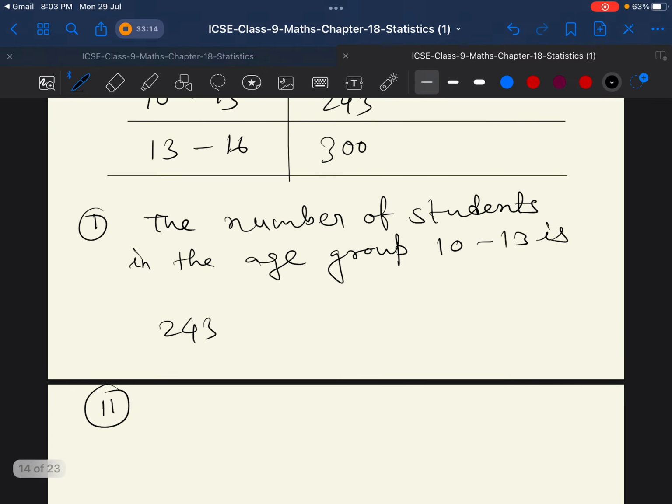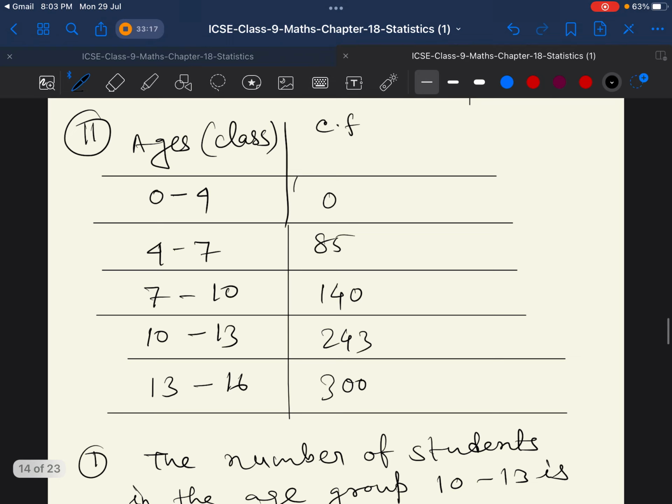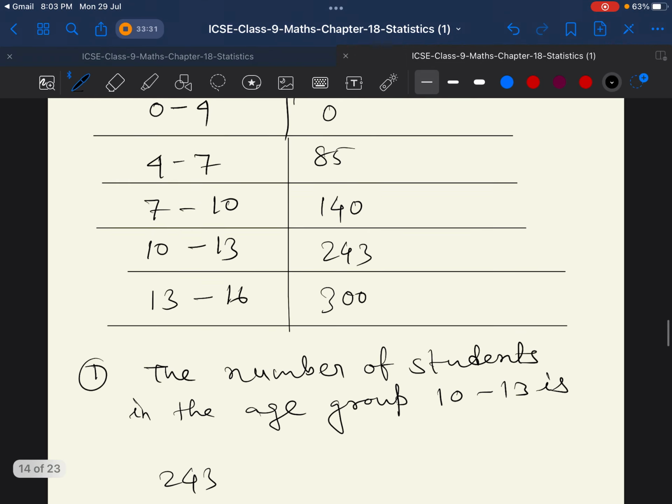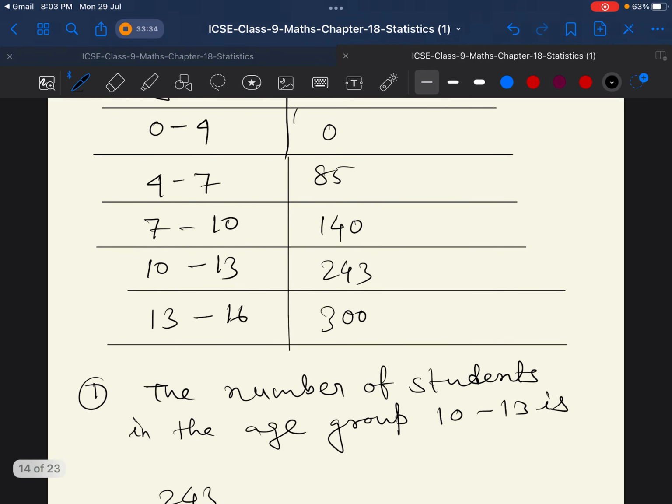So here you notice the least number of students is here. This is the number of students.